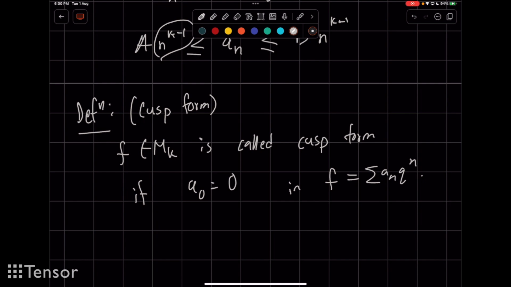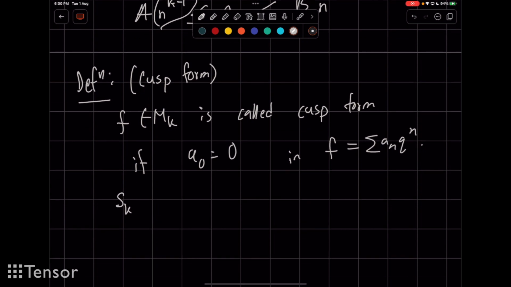And S sub k is the space of all the cusp forms. And one can easily prove that S sub k is a vector space.